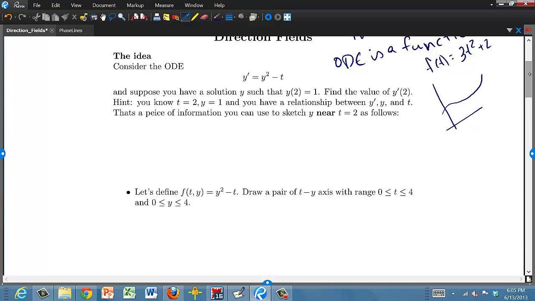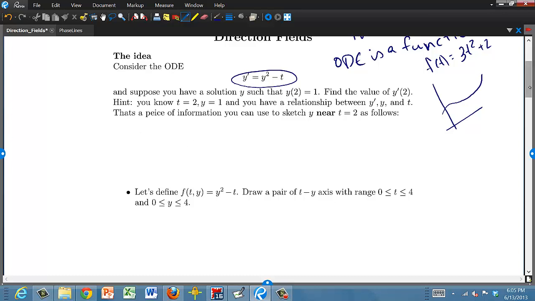So suppose I start with this ODE, y prime equals y squared minus t, right here. And let's just imagine for a minute that you have a solution going through the point time 2 and then y value 1. That would mean that y of 2 equals 1. So let's see, what would that mean?